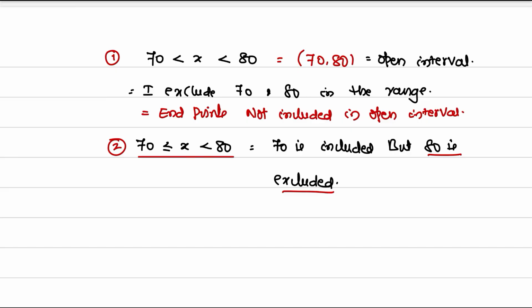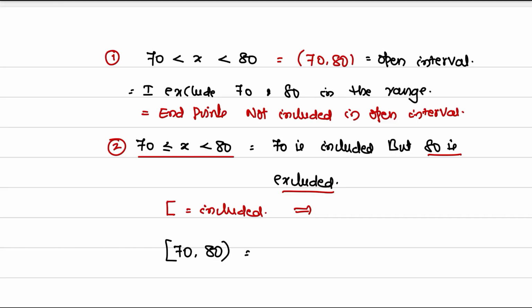When something is included, it will be represented by this notation, the box bracket. This is included. Then how do you write this? 70 is included, so we will write it like this: 70, and 80 is excluded.